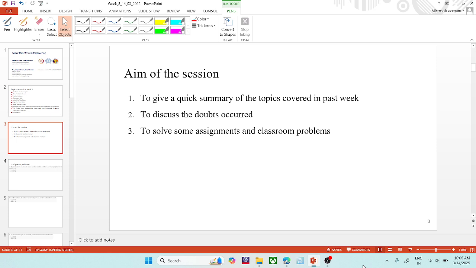Then we have learned about de-aeration. De-aeration is nothing but the removal of non-condensable gases that can harm the system, and the non-condensable gases can harm the system in the following ways. First one is the total pressure of the system, that is the condensing pressure, can be increased because each constituent has its own partial pressure.